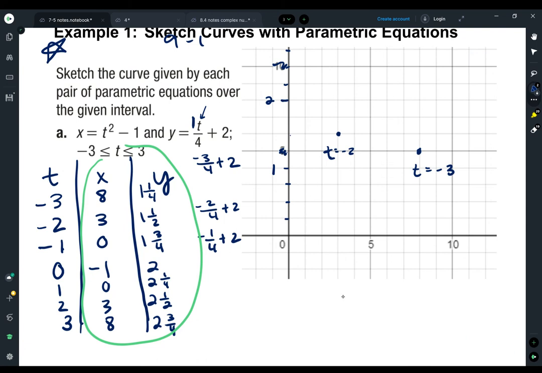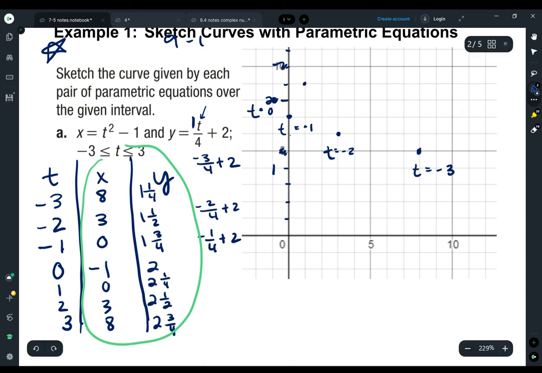When my x is 0, my y is 1 3/4. And that's, let's see, t equals -1. And at time equals 0, I have x is -1 and y is 2, and that's at t equals 0. Let's see, when x is 0 again, y is 2 1/4.